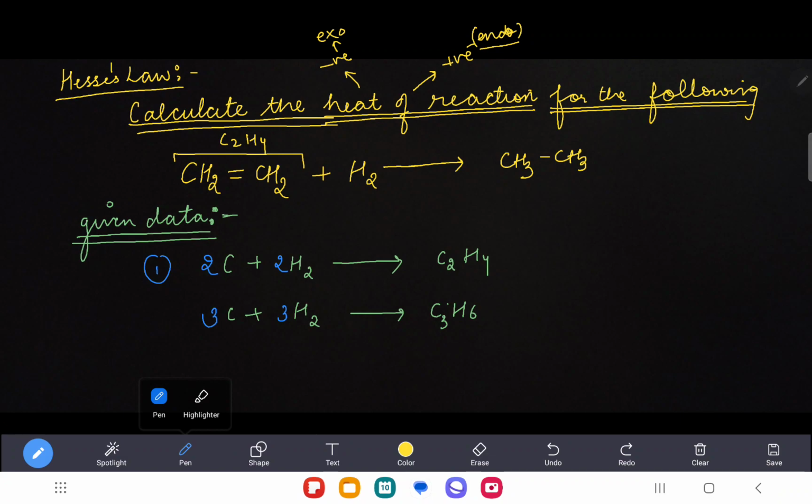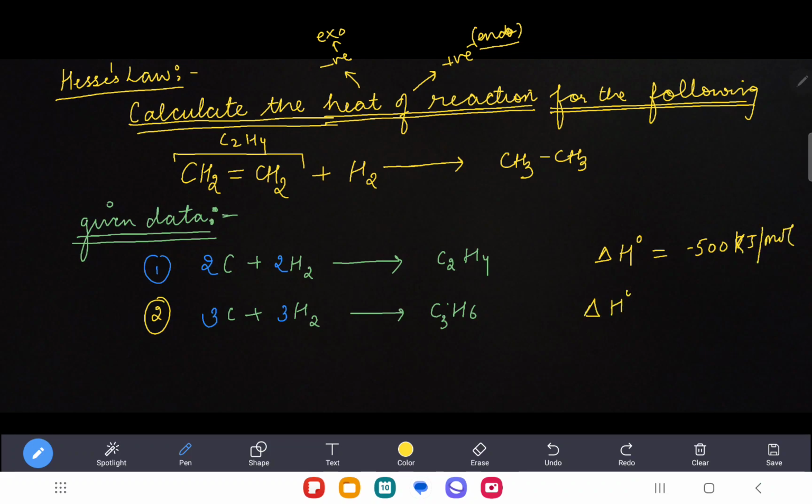This is a basic method of how we solve the equation using Hess's law, whereby the question will give me certain reactions, reaction one, reaction two, but it is not going to tell me what information each reaction is depicting.